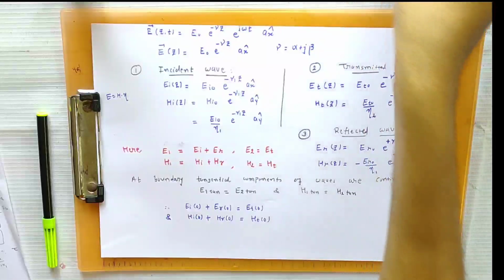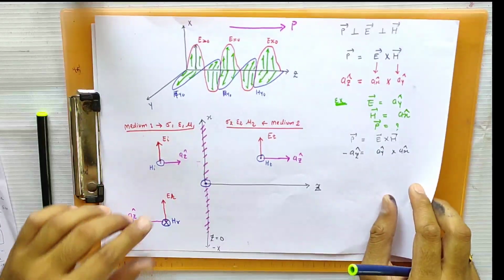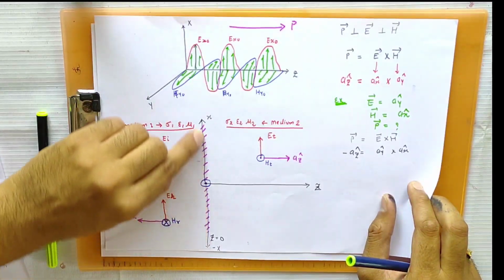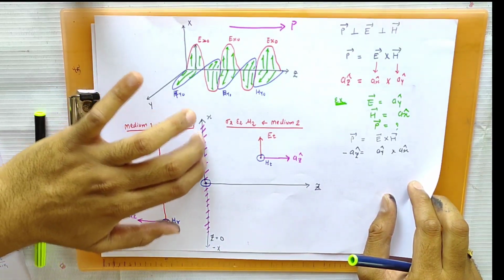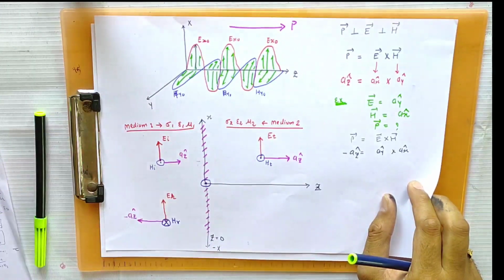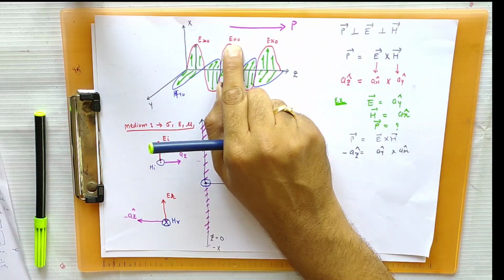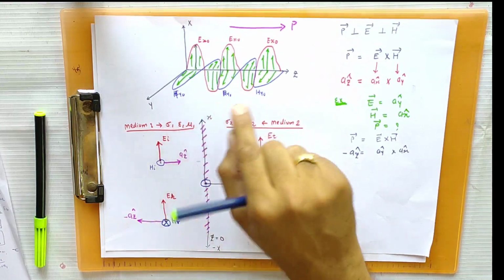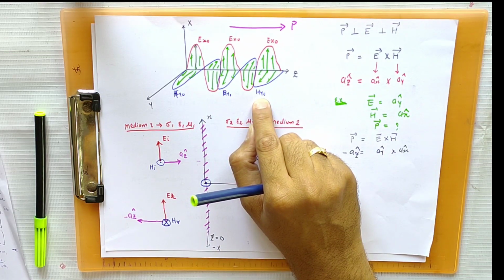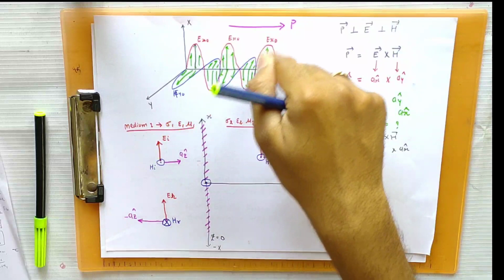Now the main thing is, what is the value of the electromagnetic wave at this boundary, when this wave is incident? See here, what is EX0? EX0 is the maximum value of the electric wave, and HY0 is the maximum value of the magnetic wave when it propagates through the same medium.